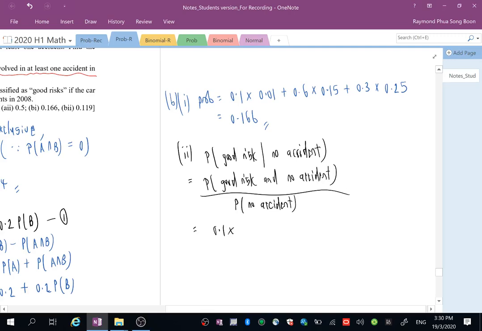Probability for a good risk car owner to have no accident would be 1 minus the probability that he will be involved in a car accident. Okay, so 1 minus 0.01.